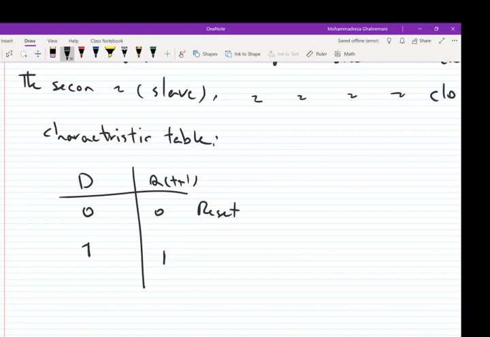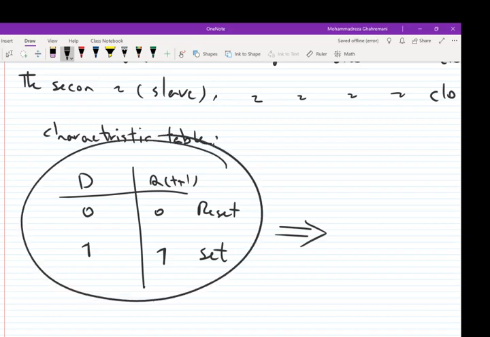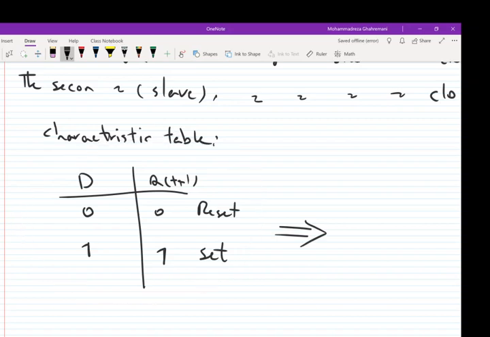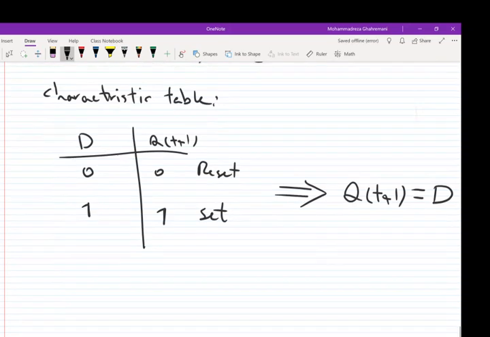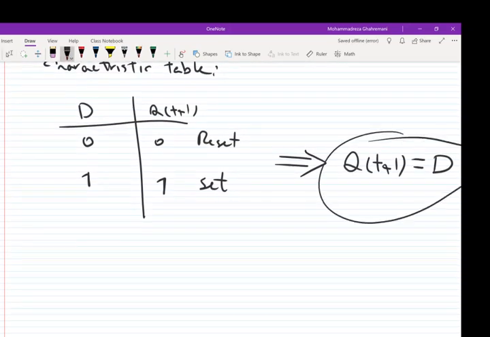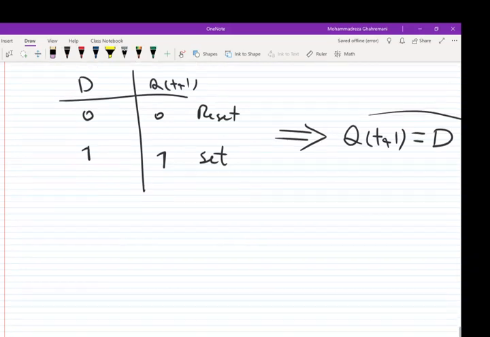If D is 1, Q of T plus 1 is 1, which is called set. We can show this characteristic table in the form of an equation. We can say Q of T plus 1 is equal to D. This is the characteristic table or equation of D flip-flop.